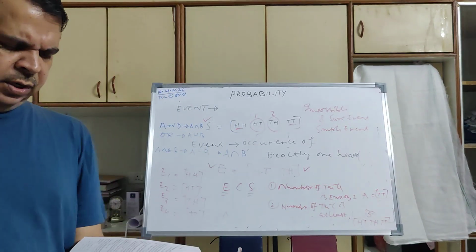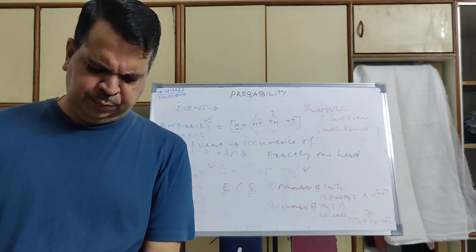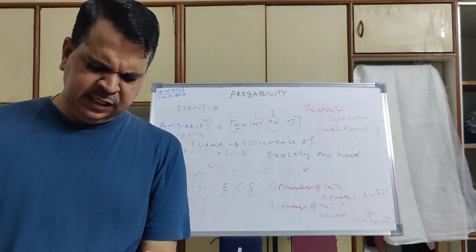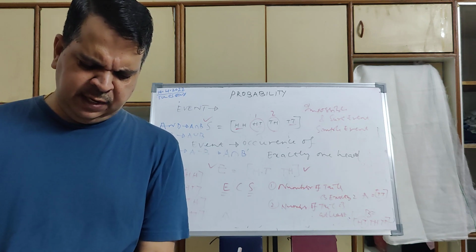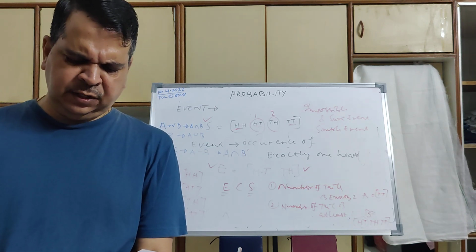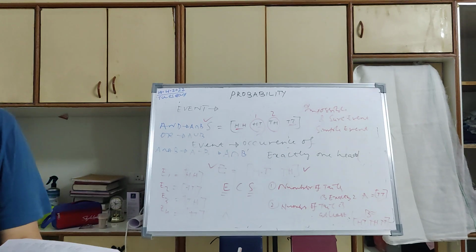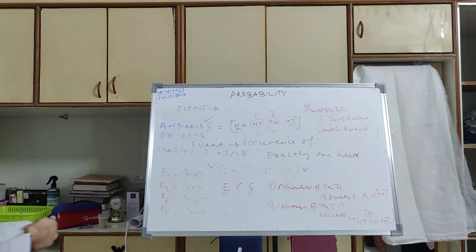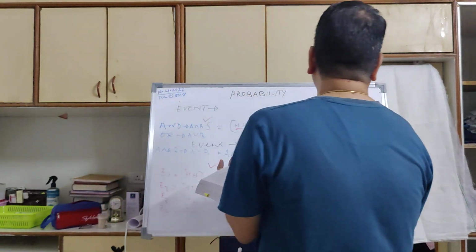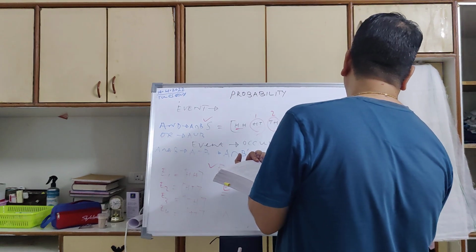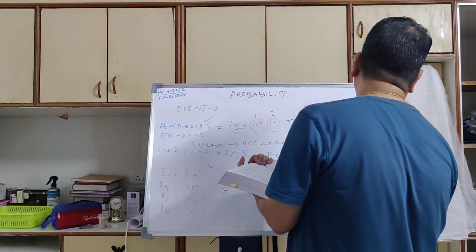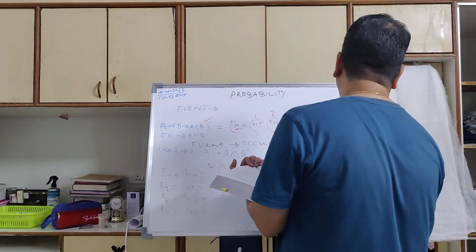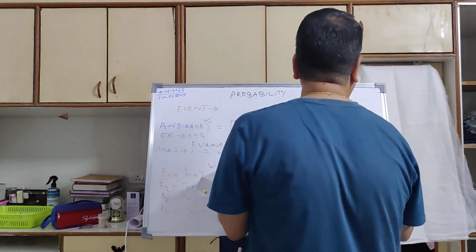If in the experiment of rolling a die, the sample space is 1, 2, 3, 4, 5, 6, consider event A, an even number appears, and B, an odd number appears.